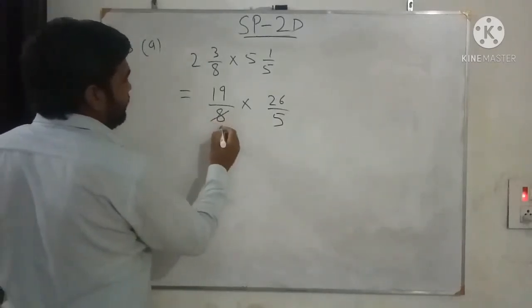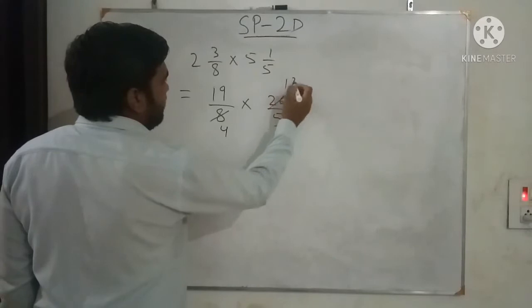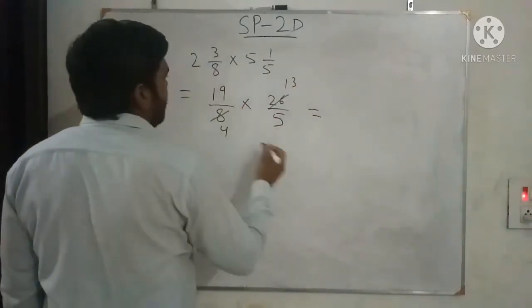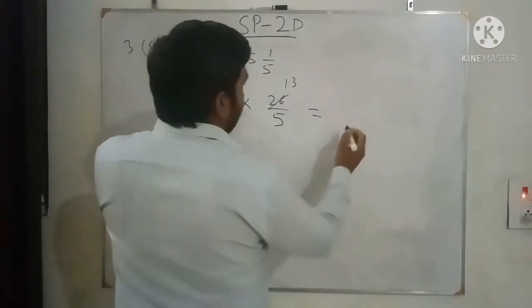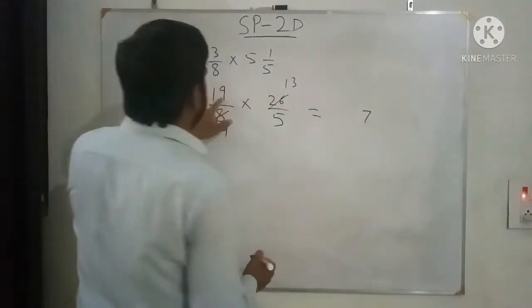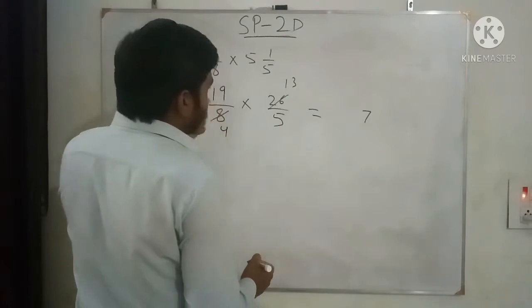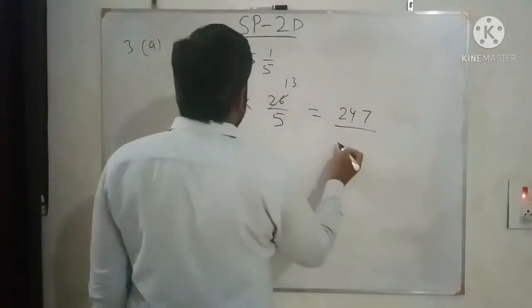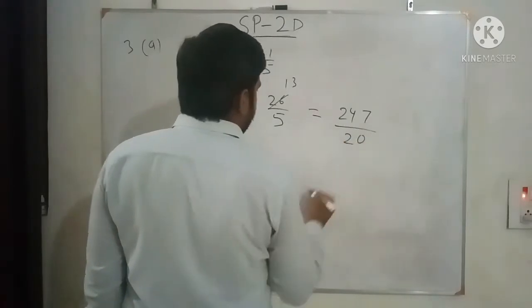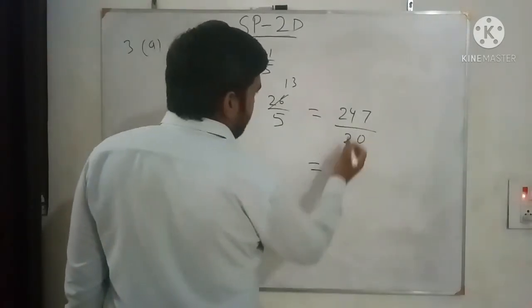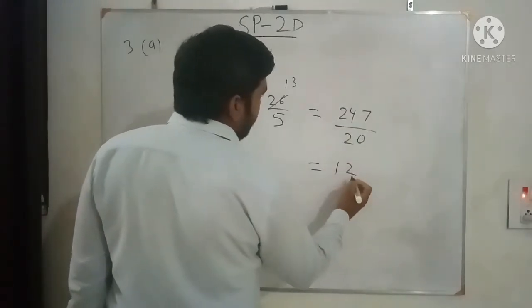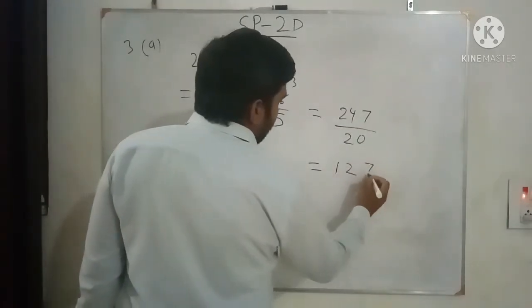So here you see, 2 4s are 8, 2 13s are 26. Now nothing will be cancelled. Now multiply: 3 9s are 27, 7 carry 2, 3 13s are 39 plus 2, 41... 247 by 20. So divide it, 20 12s are 240, remainder 7, so 12 7 by 20.